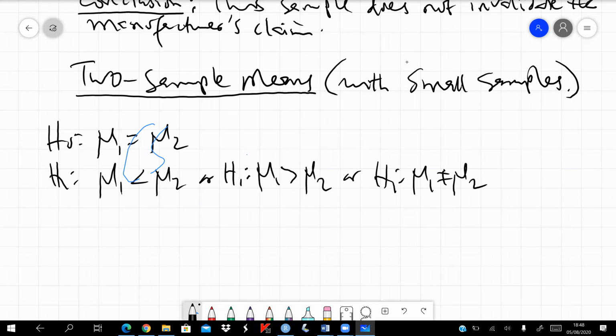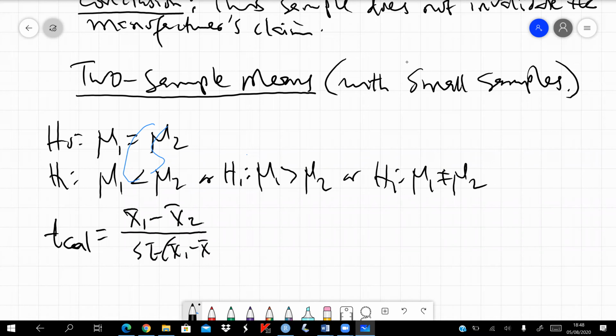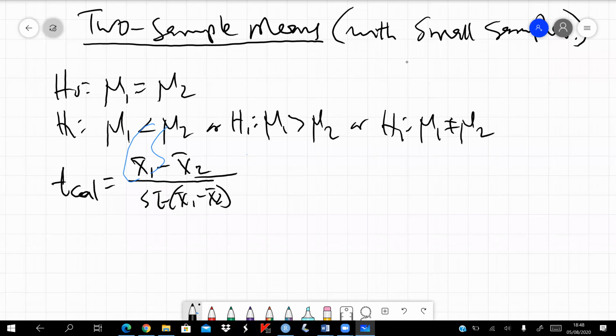Then the t calculated will just be x bar 1 minus x bar 2 over the standard error of x bar 1 minus x bar 2. The formula of standard error does not change.